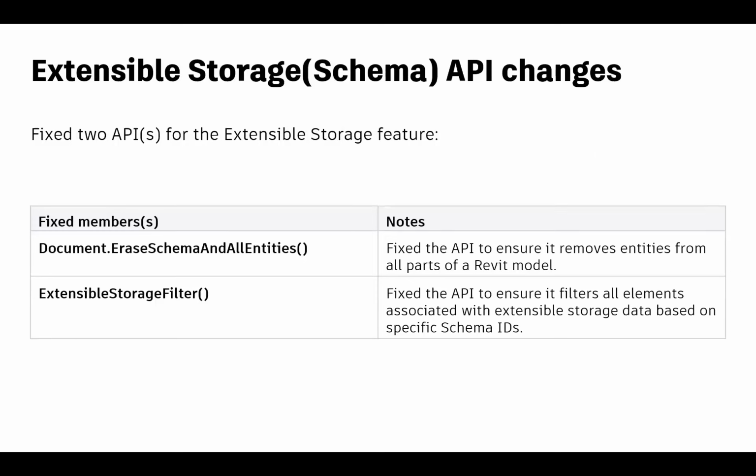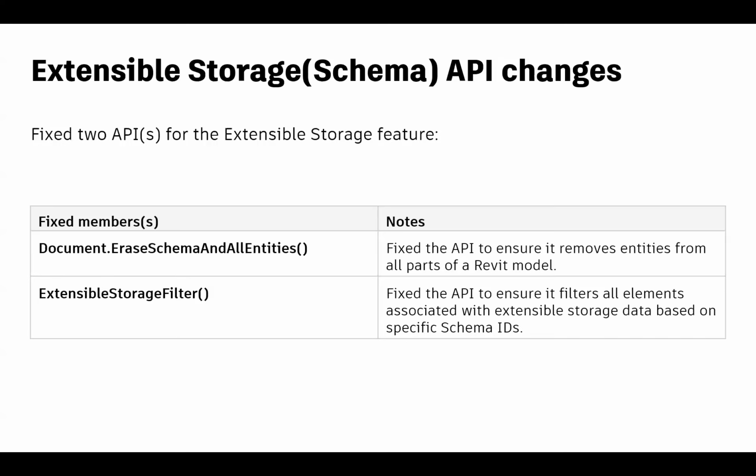There are some fixes in the extensible storage methods. Two member functions are fixed: Document.EraseSchemaAndAllEntities and ExtensibleStorageFilter. They had some internal problems but should now work exactly as they are supposed to.